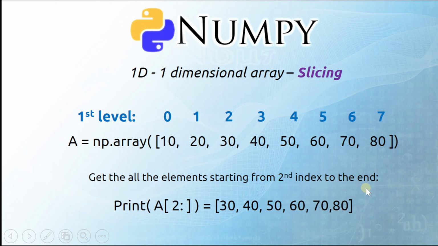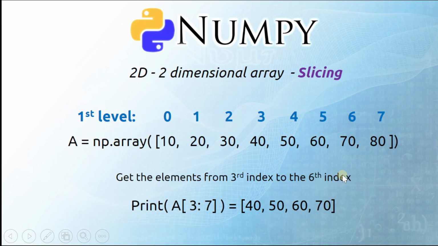Alright? Now, another example for slicing. Let's say I need to get the elements from the third index to the sixth index. Now here we need to pay attention because it might be a little bit confusing. So to get all the values starting from the third index to the sixth index, you might think that I need to type A[3:6].